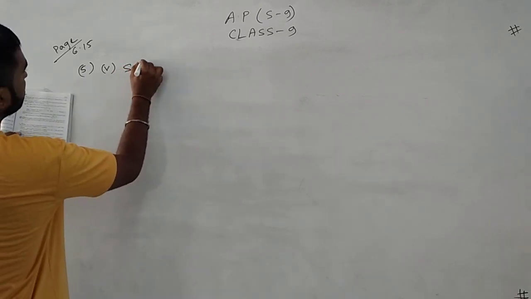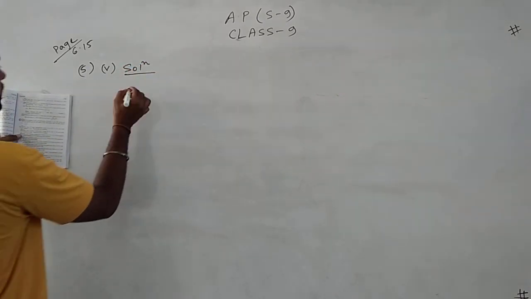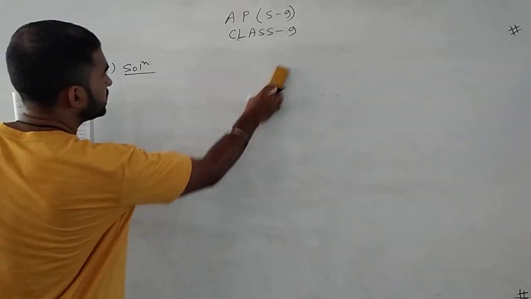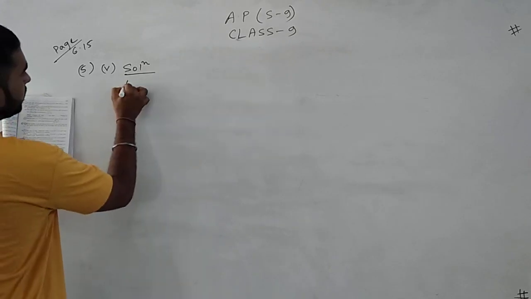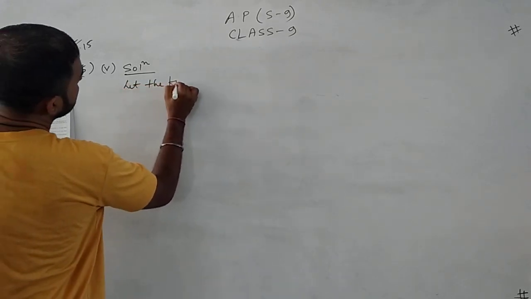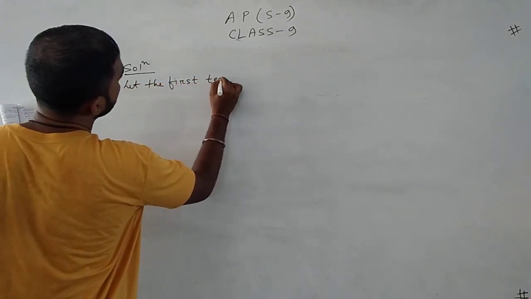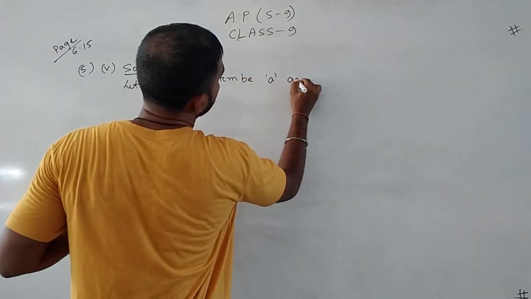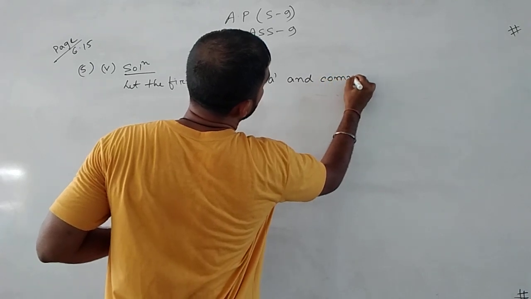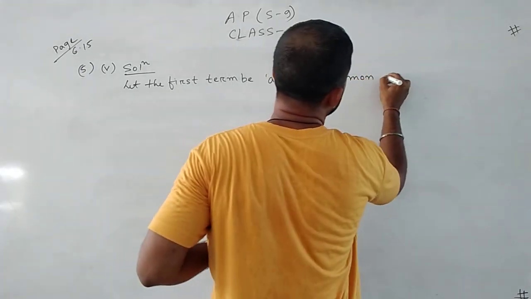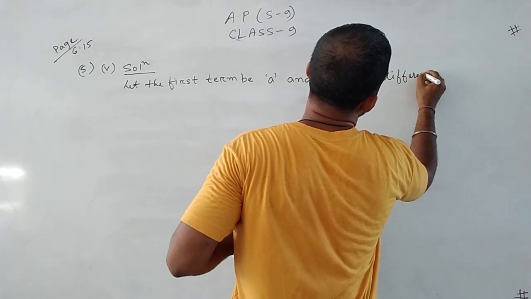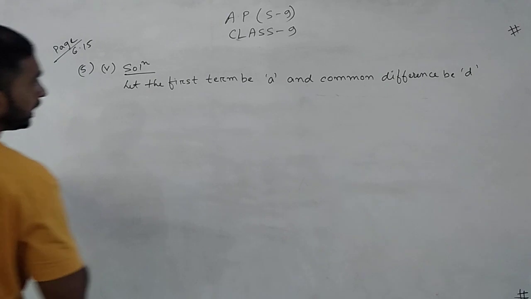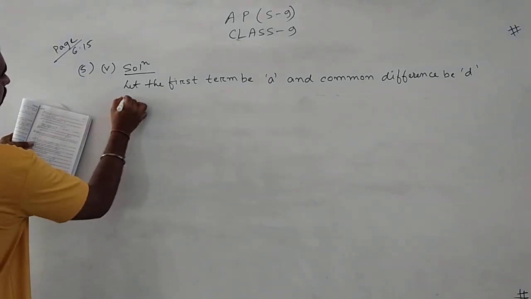Solution: first I consider the first term A and common difference D. That is mandatory. Let the first term be A and the common difference be D. Now according to the question, what are given?